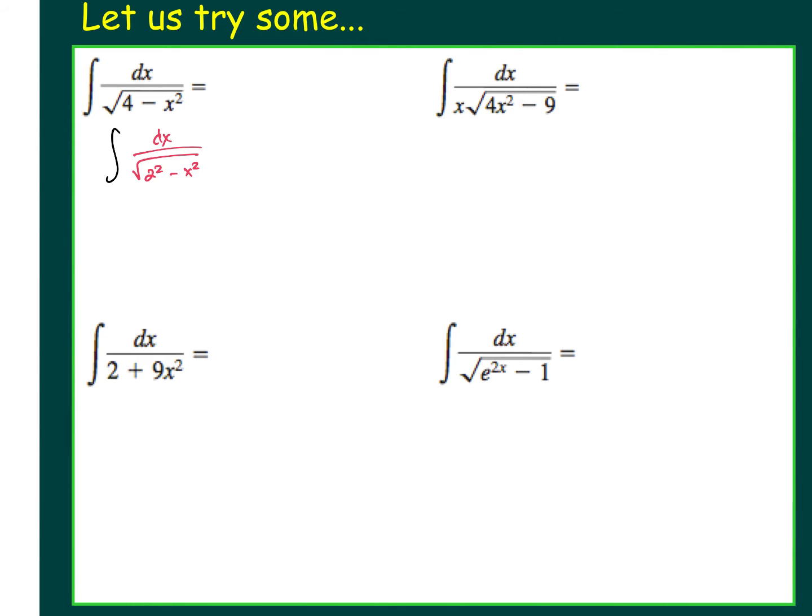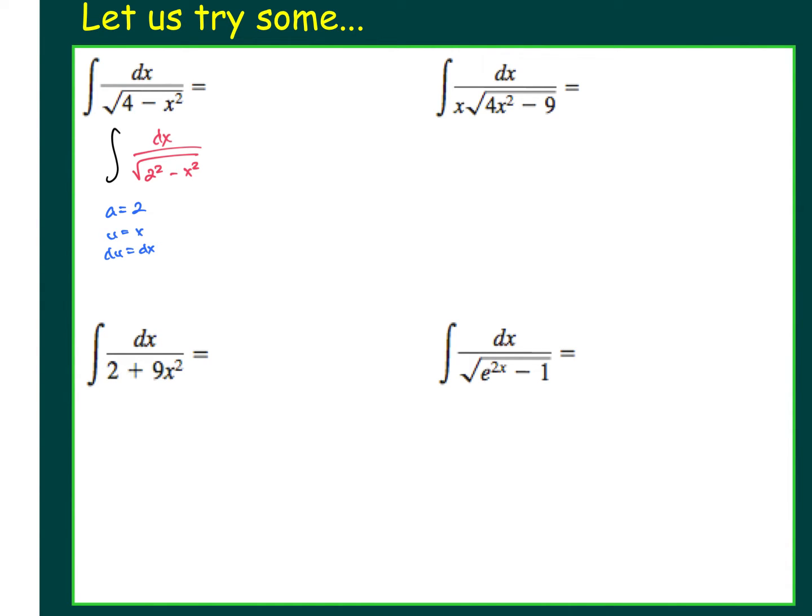Now, we're going to be writing out our a's and our u's. So what's my a? 2. What would be my u? x. So my du would be what? What's the derivative of x? 1 dx, right? And so did it cover? Yeah, it covered perfectly.